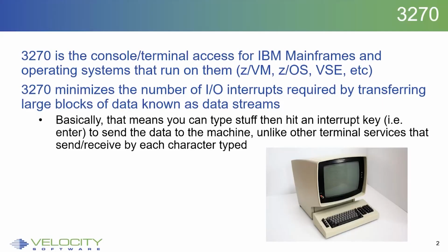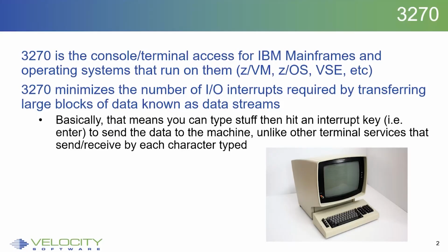So what happens now is TN 3270 is doing 3270 data transmission over TCP/IP, and I'll get into that in a moment. So 3270 minimizes how much data and how much interrupt is going over the line because it transfers blocks of data instead of individual characters.